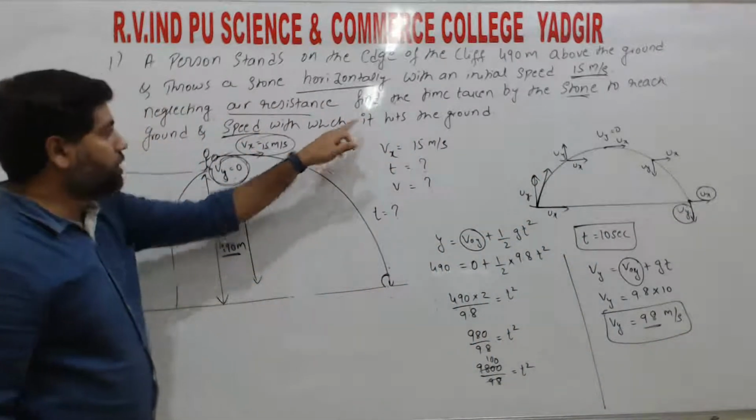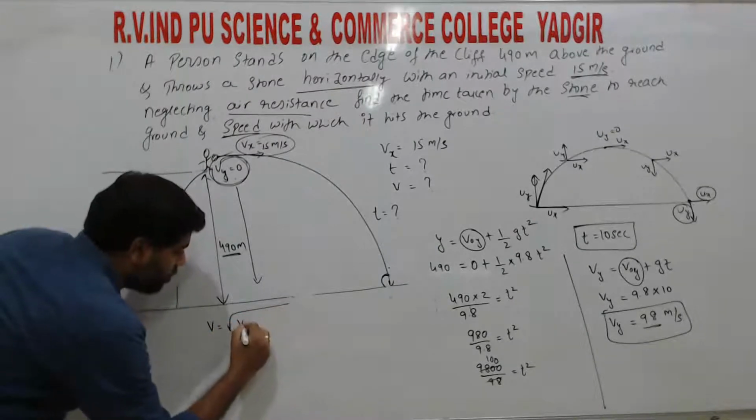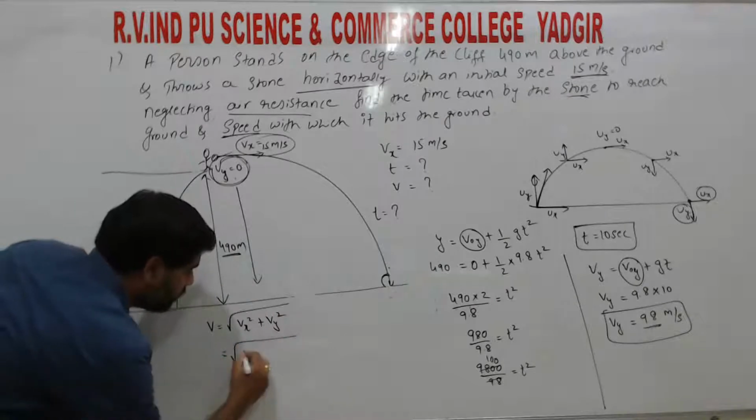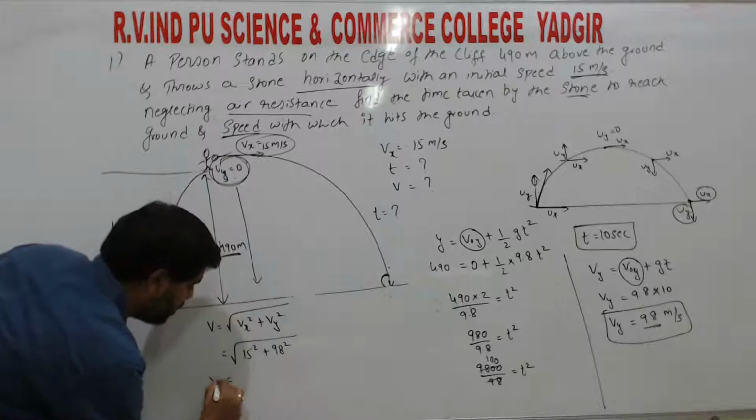So with which speed it hits the ground means v is equals to under square root of vx square plus vy square, right? So square root of 15 square plus 98 square, right?